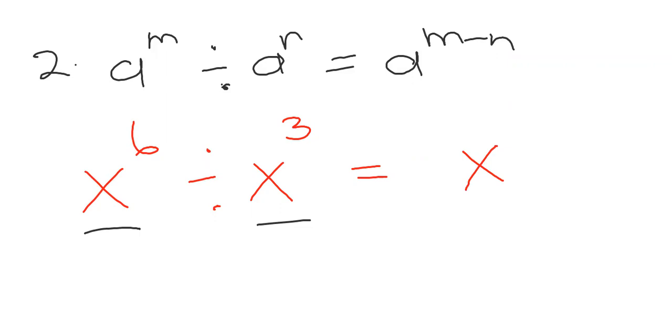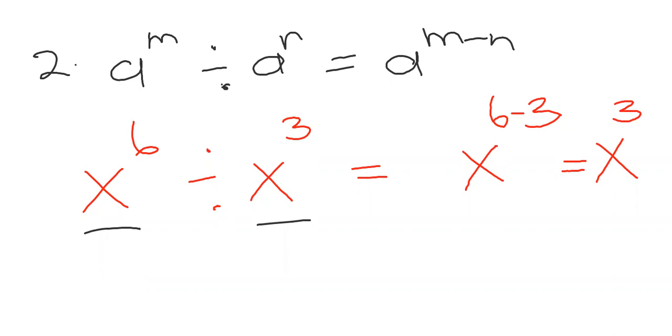And then as for the power, we have to subtract our powers. 6 minus 3 gives us x to the power 3. That's what this rule is saying.